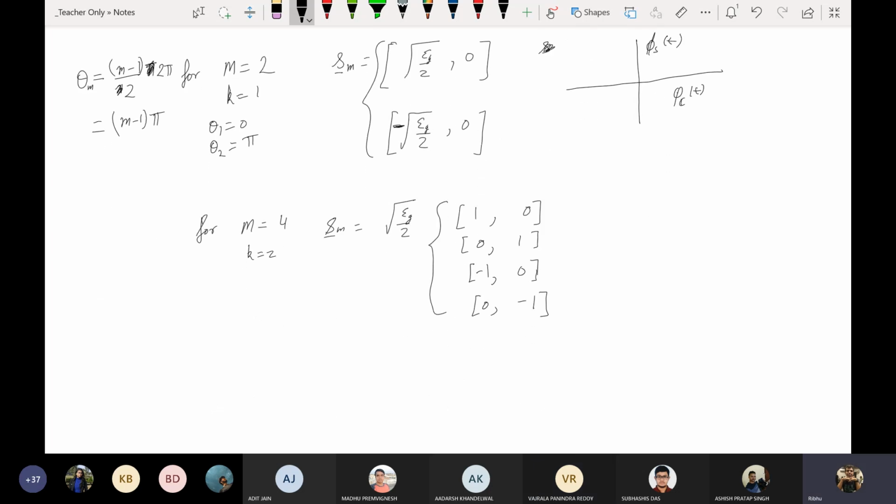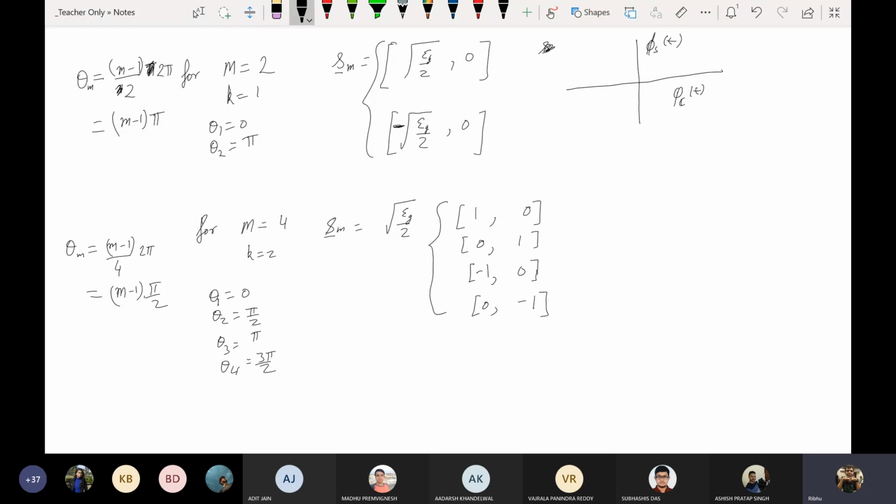So here θ_m equals (m−1)/4 into 2π equals (m−1)π/2. So θ_1 equals 0, θ_2 equals π/2.